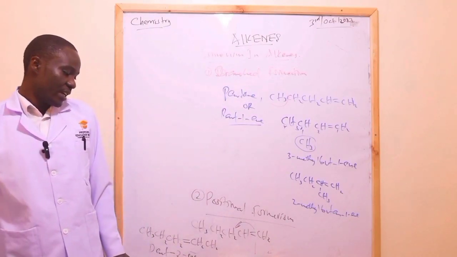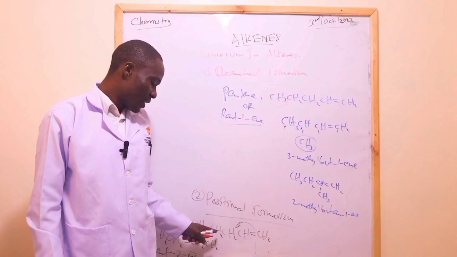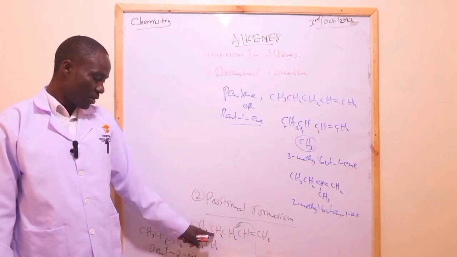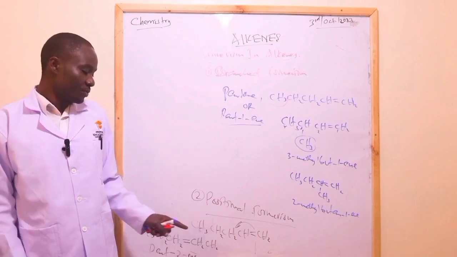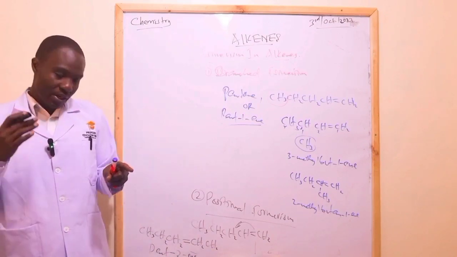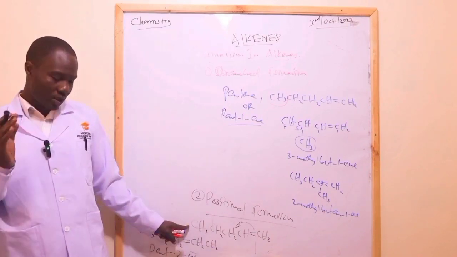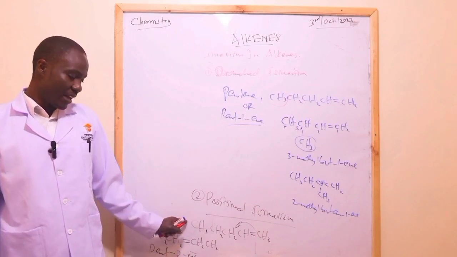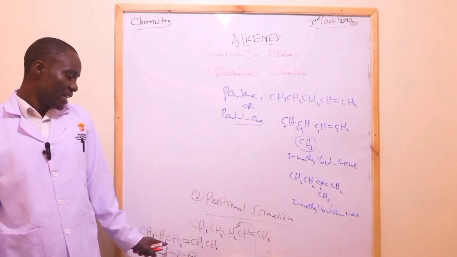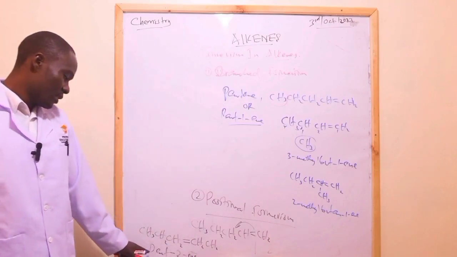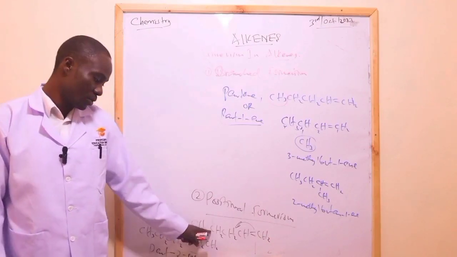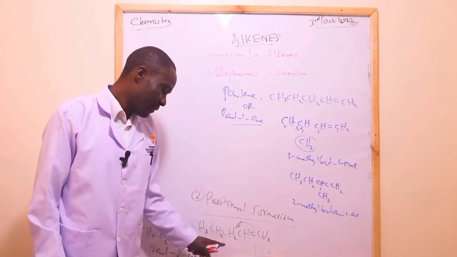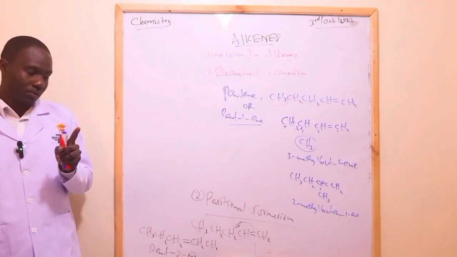Should we continue moving it between the third and the fourth carbon atoms, we shall find that the name will be the very same, because now we will be compelled to begin numbering the carbon atoms as per number 2 from the left hand side. So the name will be the same as that which we've gotten, that is pent-2-ene, because the double bond will be on carbon number 2.